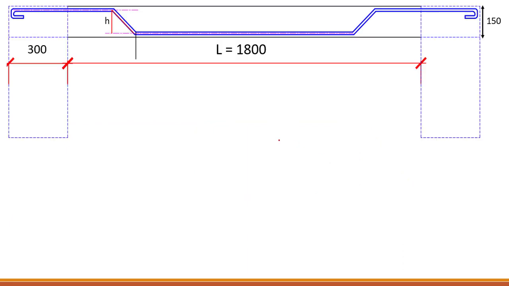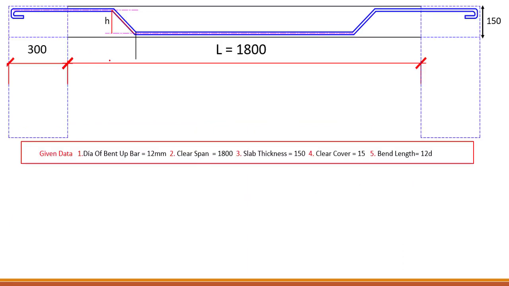Let's move forward, and here we have some of the given data for the bent up bar. Okay, and according to this we will find out the cut length. Let's suppose the thickness of slab is 150 mm and the dia that we are using is 12 mm. Clear span, in to in span I'm saying over here. Okay, clear span means in to in span between two supports. It could be beams or the columns.